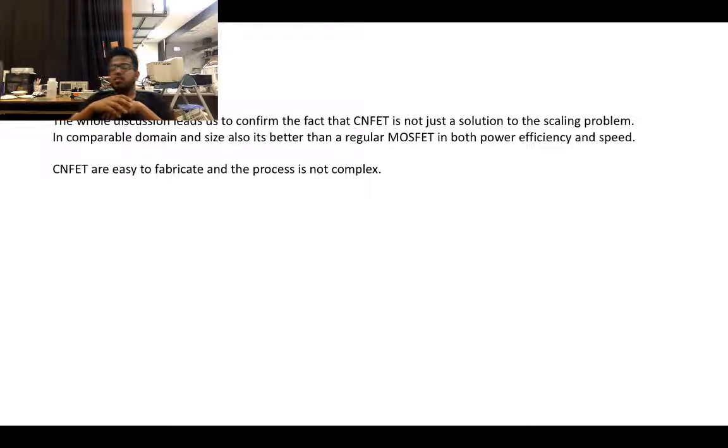Plus, as you saw, the fabrication technique is not very complex, and you can fabricate a CNFET pretty easily, keeping conditions under control and keeping the environment clean. You can actually fabricate it in a fab lab.